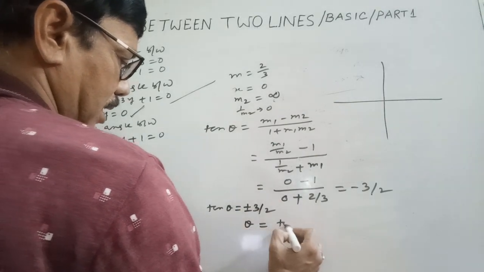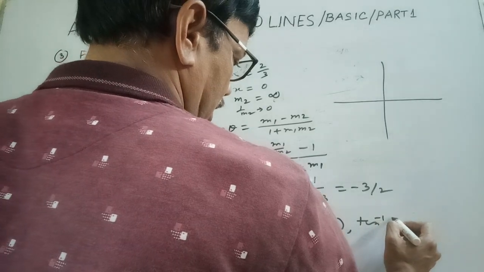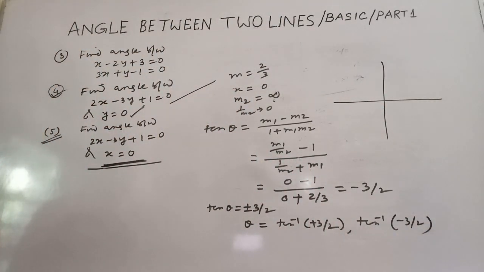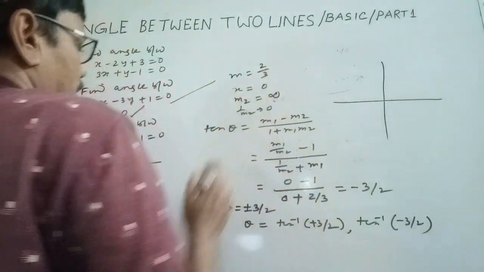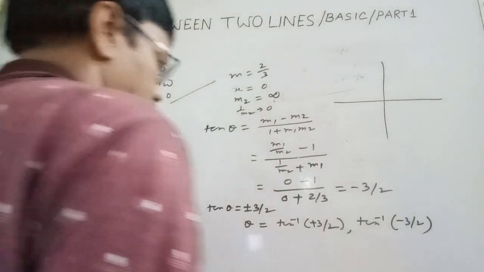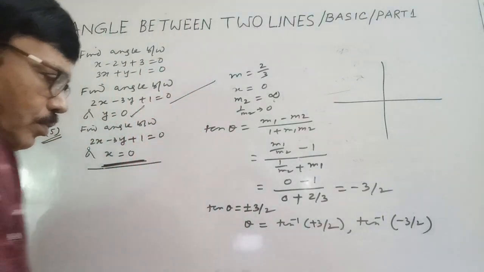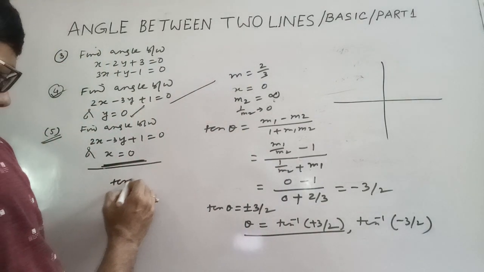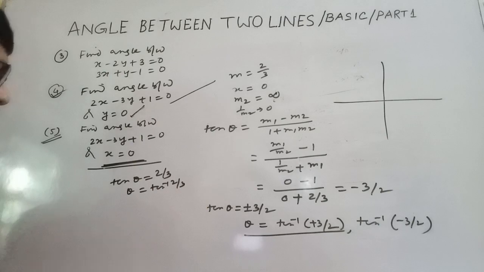What is theta? Tan inverse 3 by 2. Previously, with the x-axis, tan theta equals 2 by 3, so theta equals tan inverse 2 by 3.